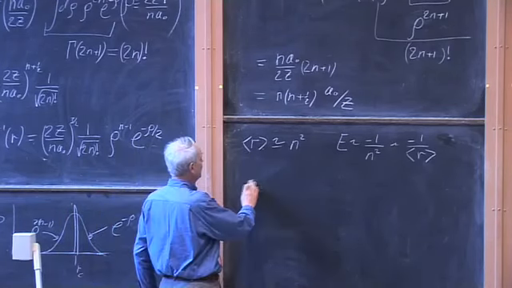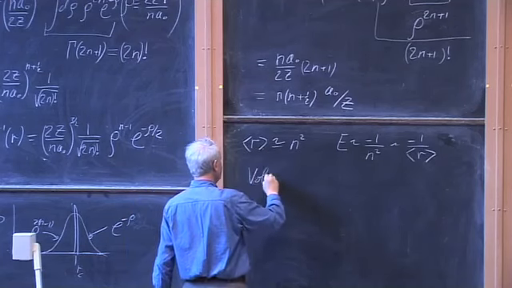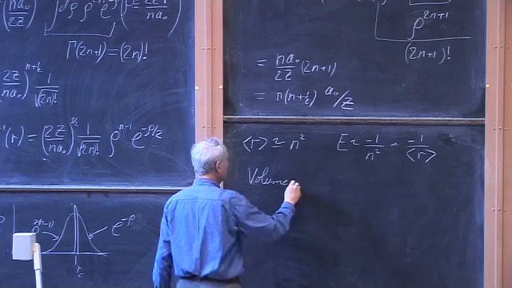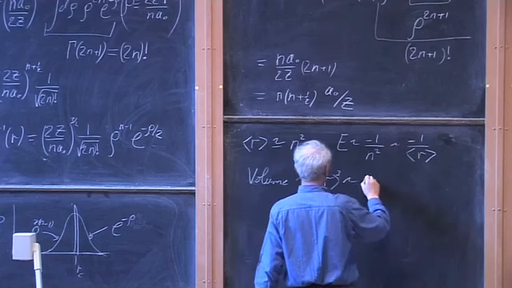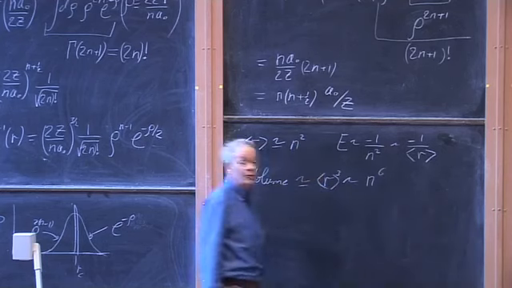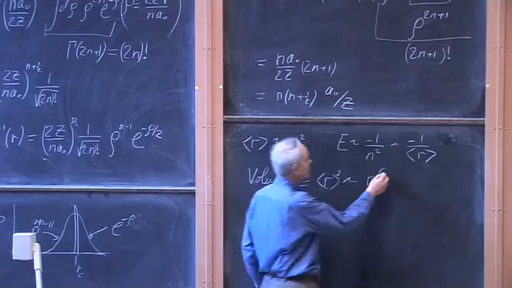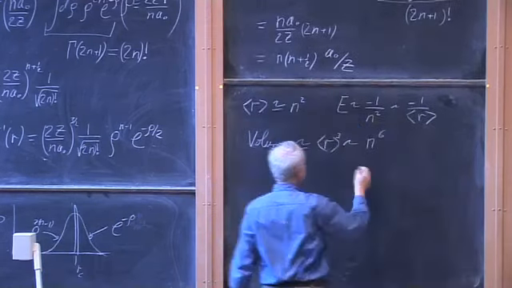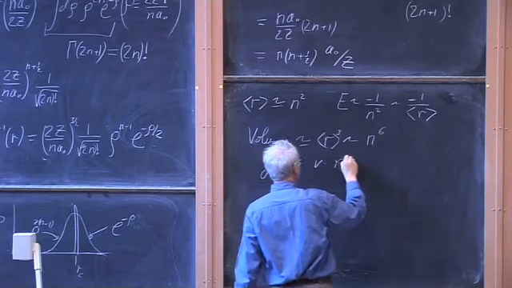Interesting fact here is because this grows like this, it means the volume occupied by the atom, which obviously goes like the expectation value of r cubed, goes like n to the 6th power, and is growing very rapidly with n.